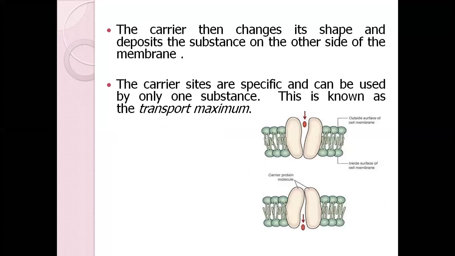The carrier sites are specific, and we have to remember that not all substances can be used. Some protein molecules are specific for certain types of substance. That means only one substance can fit in one form of these protein molecules. The carrier sites are specific and can be used only by one substance.